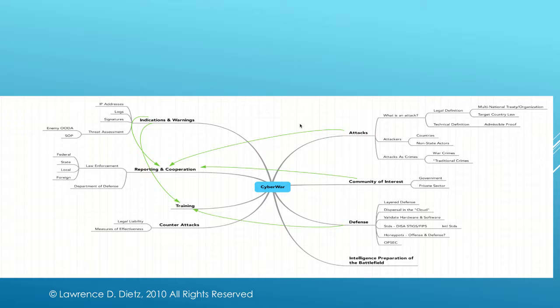So, from an organization, if we look at reporting and cooperation on the left, you'll notice I looked at the law enforcement and Department of Defense split. And on the right, community interest looked at the government versus the private sector.